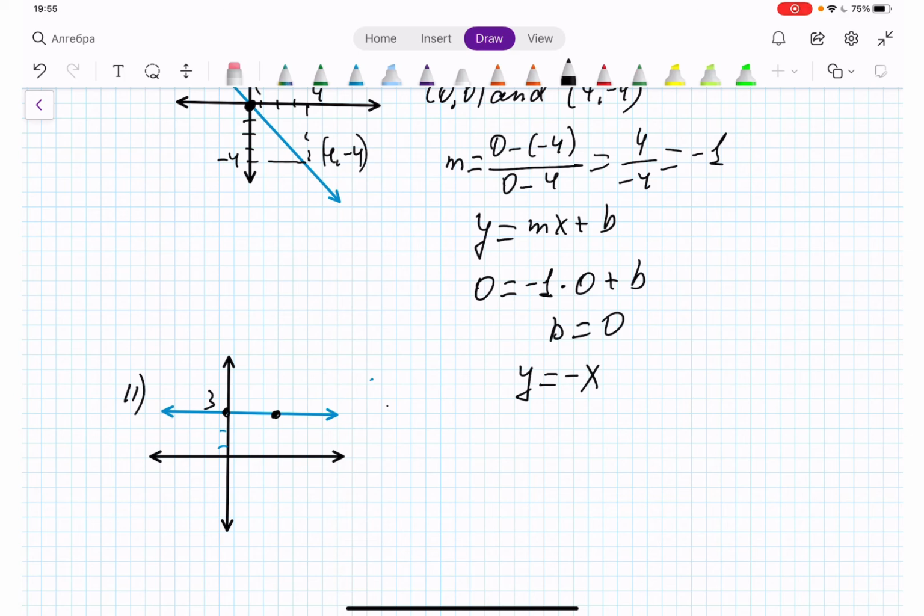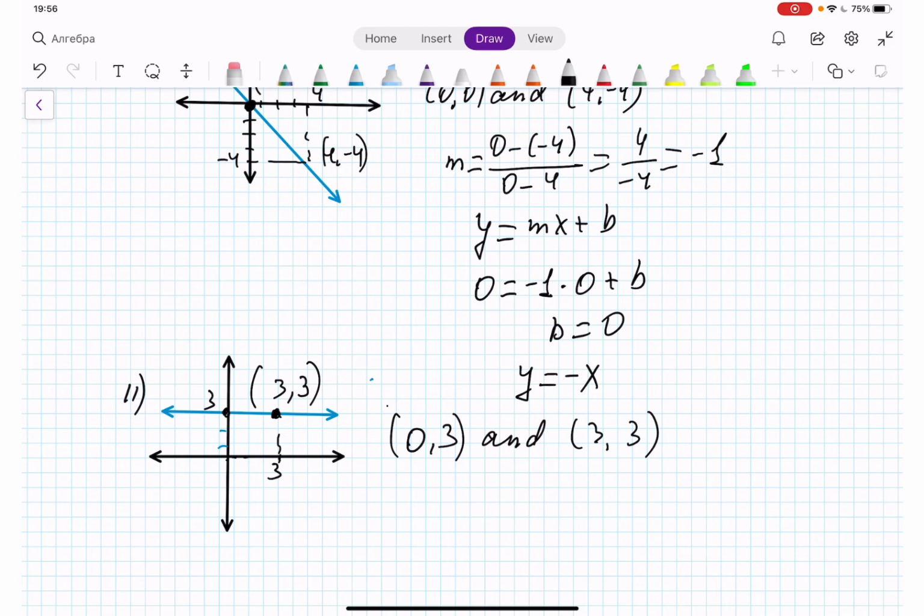So it's going to be (0, 3), and again here x is 3, right? And y is 3. Okay, (3, 3).